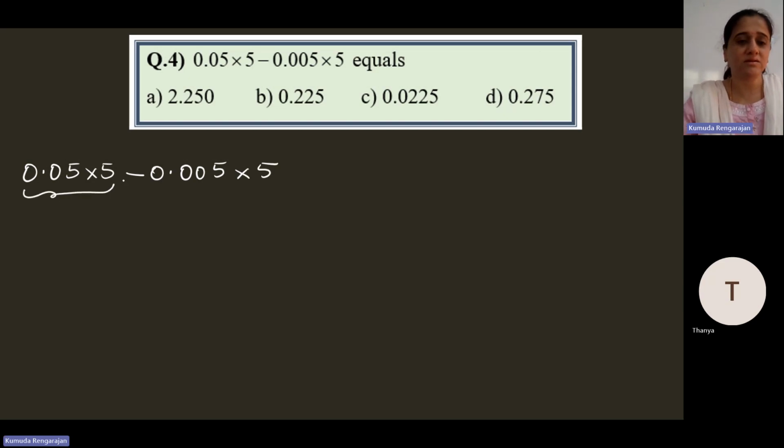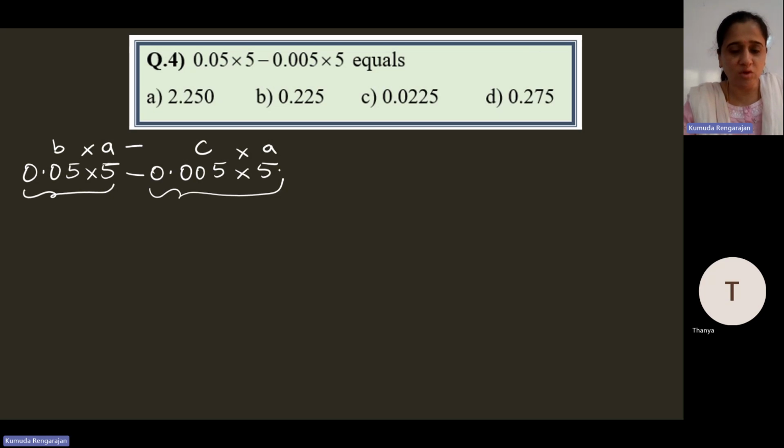See here, this is like A into B minus A into C. What is common? 5 is common in both, right? So I'm taking 5 as A. The other numbers, 0.05 and 0.005, are different, so I'm calling them B and C. In this expression, there are 3 different numbers.